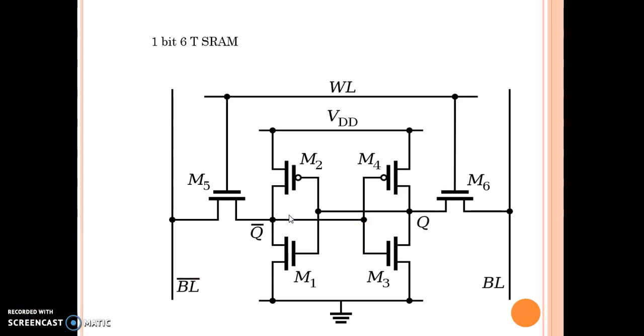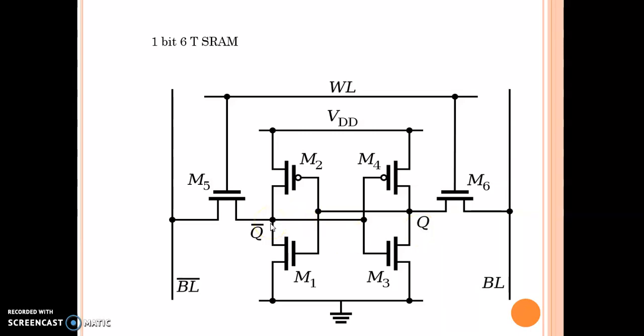Suppose I want to write 0 into this SRAM memory. In this case, again make WL 1, due to which M5 and M6 become on. Now force bit line to 0 and bit line bar to 1. The voltage at Q is low and voltage at VQ bar will be high.